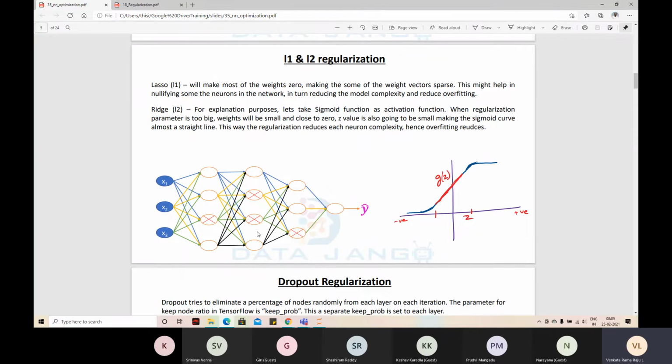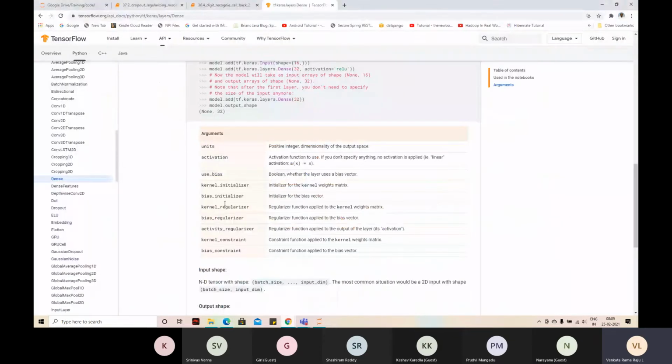How it is done, equations I have to look for, but in a deep learning model you have two parameters: one is kernel regularizer, the other is activation regularizer. Kernel regularizer, we know what kernel is. In deep learning, kernel means weights.